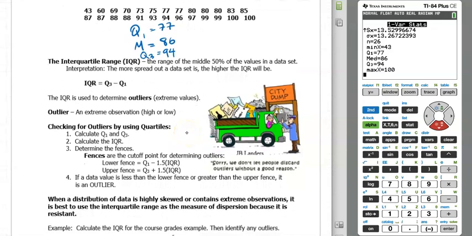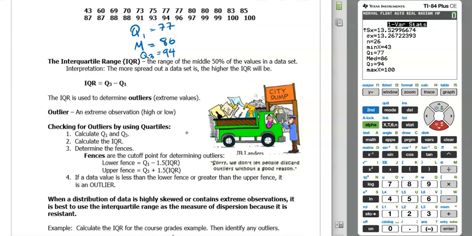We'll see a formula to determine the lower breaking point and the upper breaking point for a data value to be considered an outlier. We use something called fences. We have a lower fence, which is 1.5 interquartile ranges less than the first quartile.